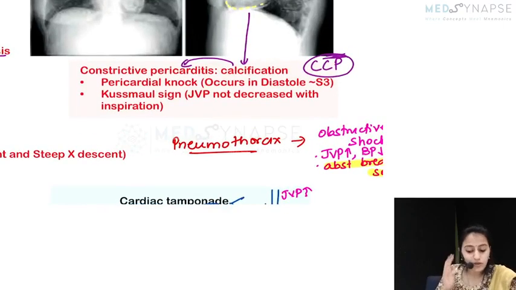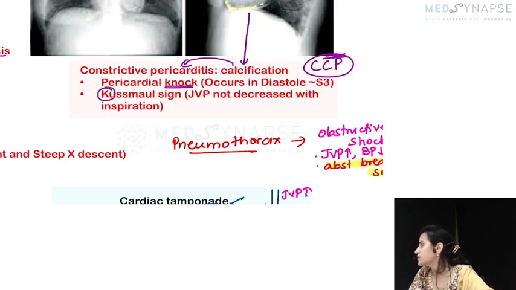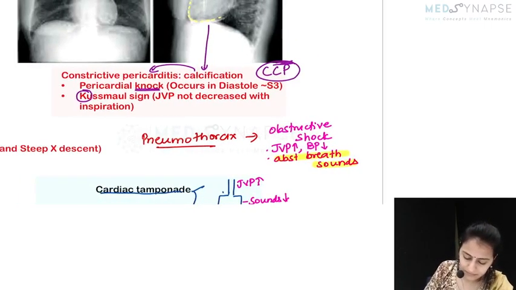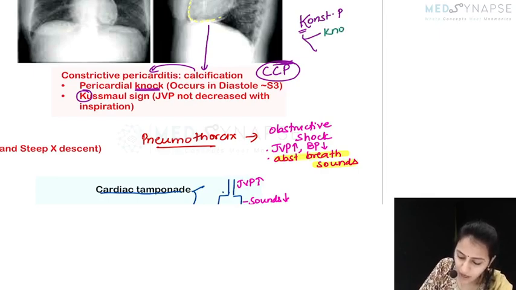What do you see on auscultation in constrictive pericarditis? Remember, there's something called pericardial knock, and the Kussmaul sign is what you see in constrictive pericarditis. So remember that constrictive pericarditis has the K and the K, which is knock and Kussmaul.